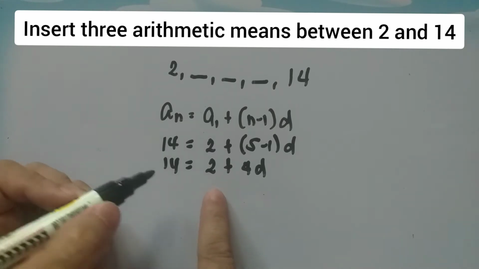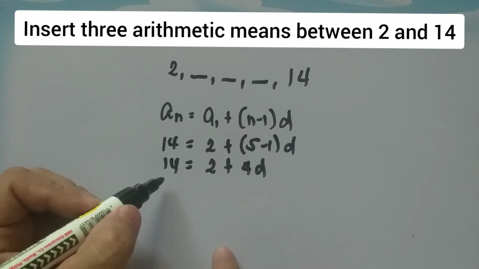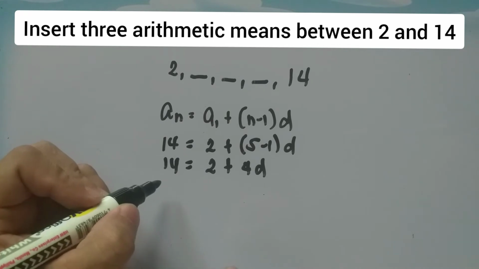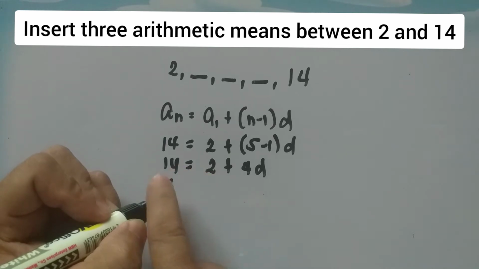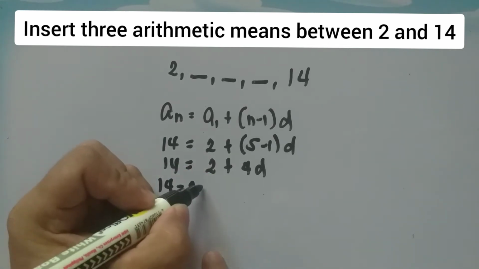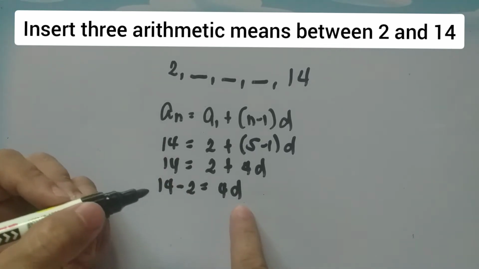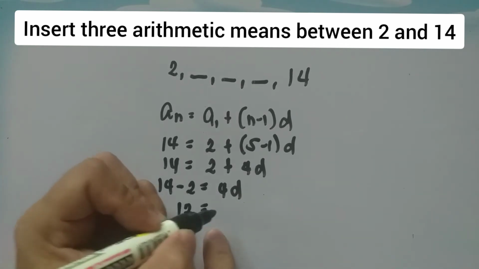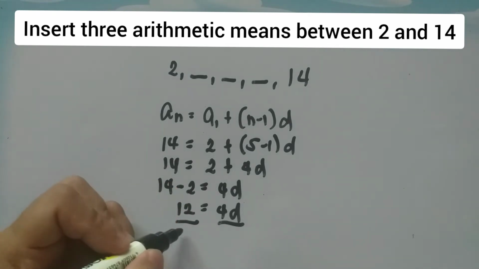So here we're going to move 2 to the left side of the equation so that we can combine both constants. So 14, move 2 to the left, from positive it will become negative. Then we have 4d on the right side of the equation. So 14 minus 2 is 12, is equal to 4d. Then divide both sides of the equation by 4.